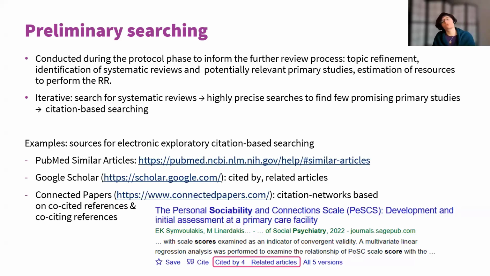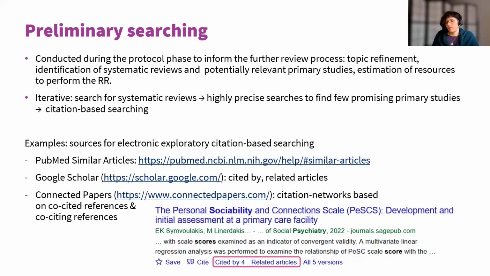These searches are usually iterative. So we first search for systematic reviews. We search for a small set of primary studies, and we might conduct citation-based searching. And these citation-based searches are important because the result does not depend on the pre-selected search terms.